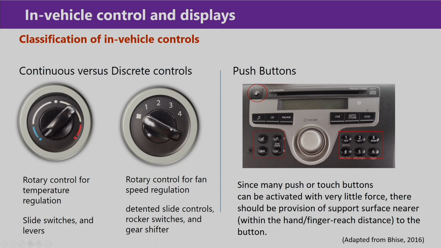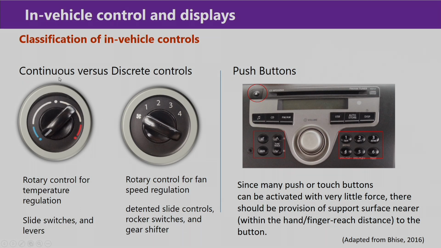Here is an example of a fan speed regulator, which is a rotary control. This is the off position, and when you start, you can gradually increase the fan speed by moving clockwise. Other types of discrete controls include detented slide controls, rocker switches, as well as the gear shifter.